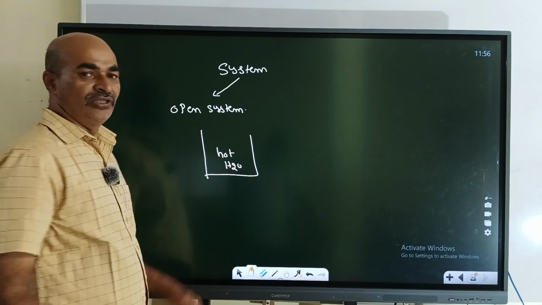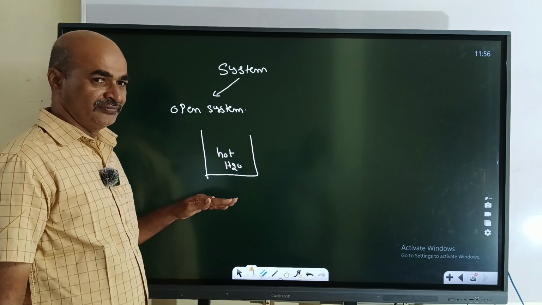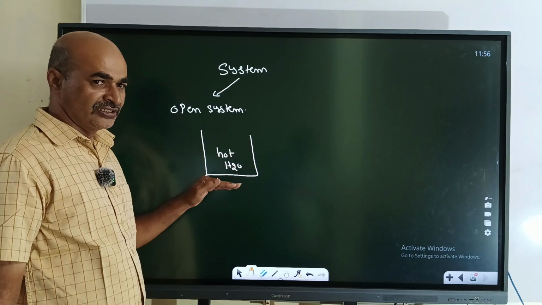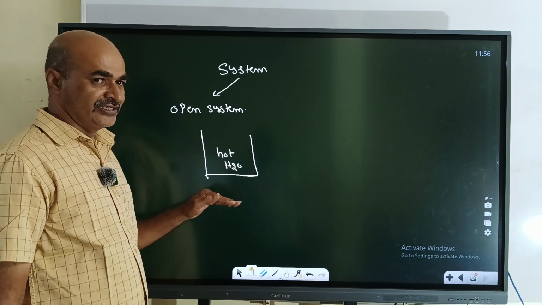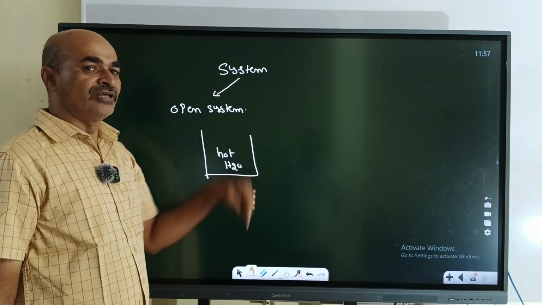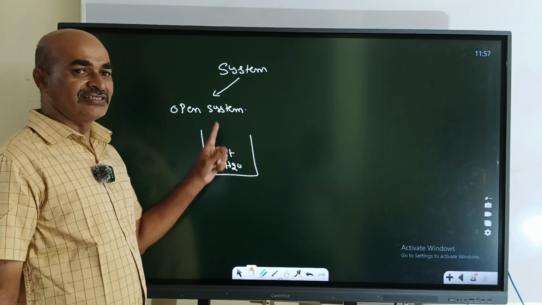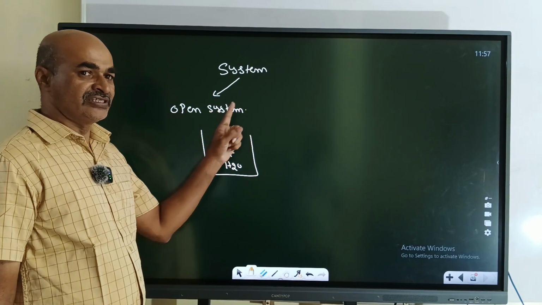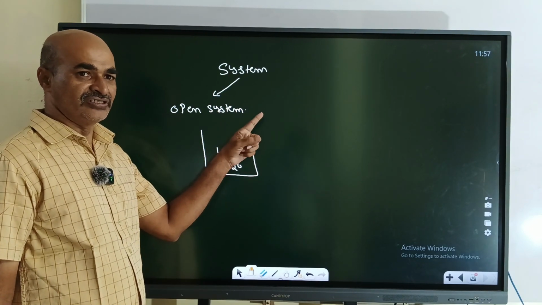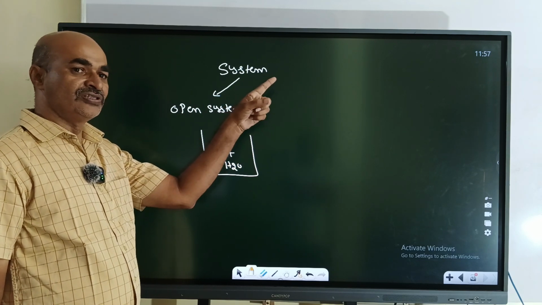After some time, the level of water is decreased. Why? Some amount of water is escaped into the atmosphere. Here matter is exchanged between system and the surroundings. Here matter goes to surroundings.